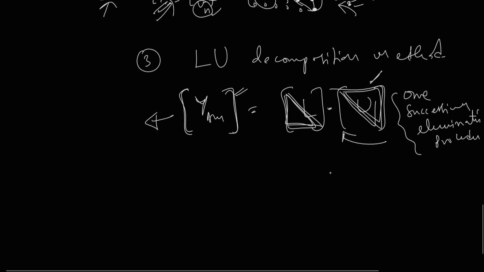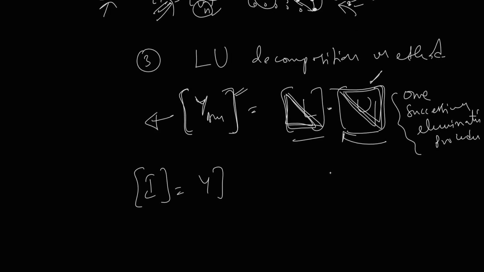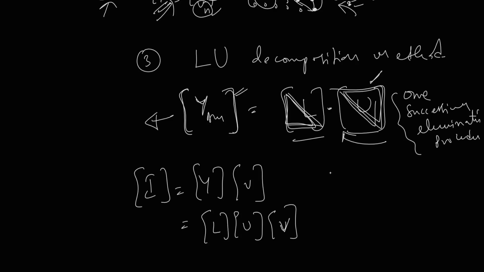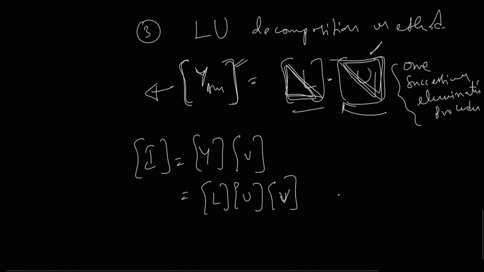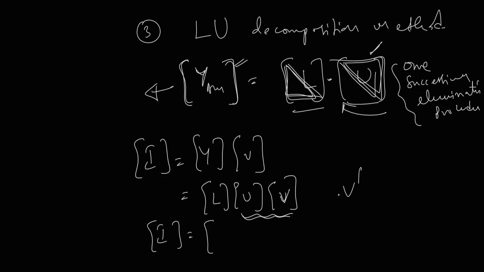Now once you have these LU factors, I is equal to Y bus into V vector. Now I represent this as LU into V. I treat this product, U into V, as an unknown vector, V prime, right? And I is equal to L into V prime.